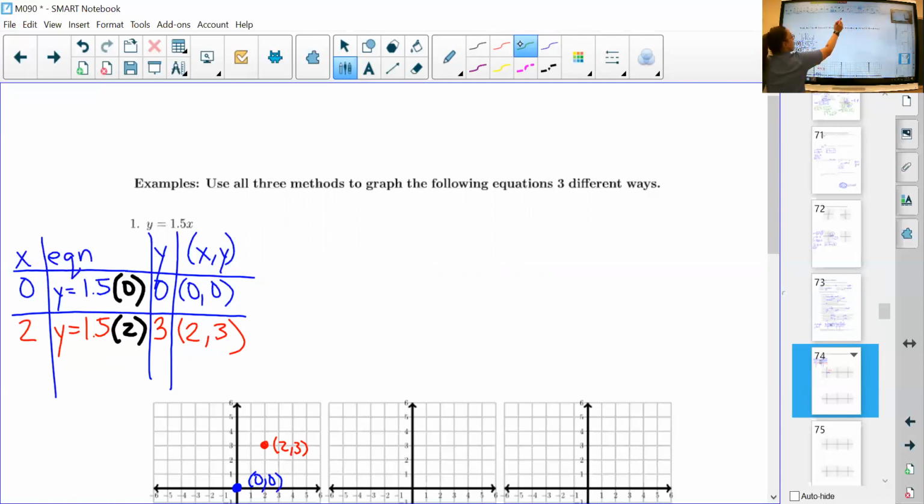And let's do another point. Let's try, how about 6? Y equals 1.5, this one a little bigger, times 6, which is 9. 6 comma 9. I go to plot that and it doesn't fit on my graph.